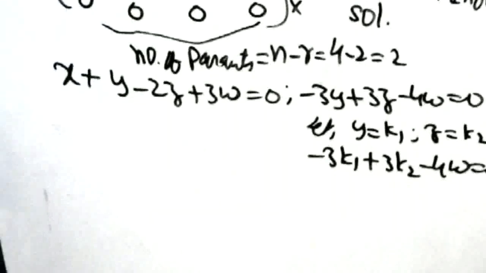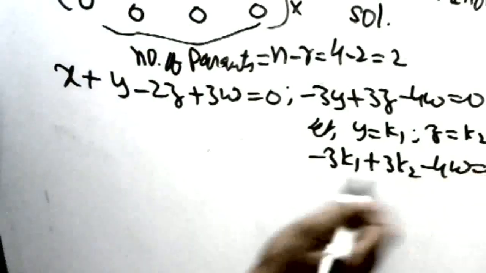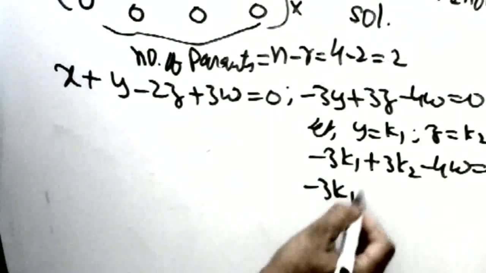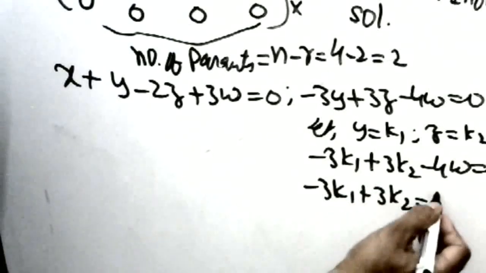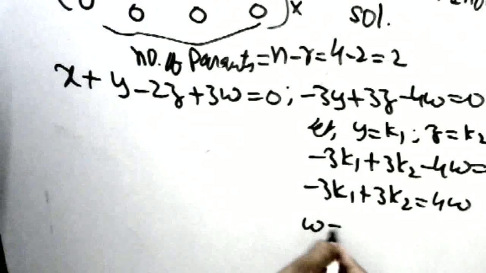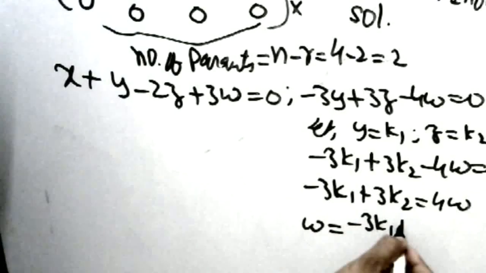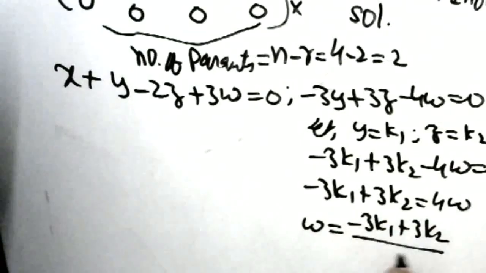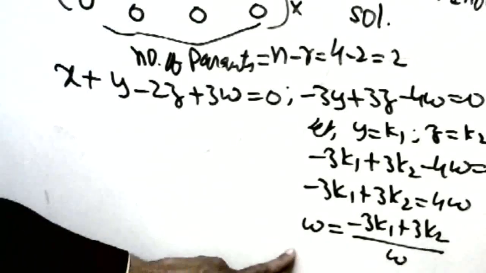Now from this we can get the value of w. Bring this 4w here, minus 3k1 plus 3k2 equals 4w. Now bring this 4, it will be in the denominator. So w equals minus 3k1 plus 3k2 by 4.